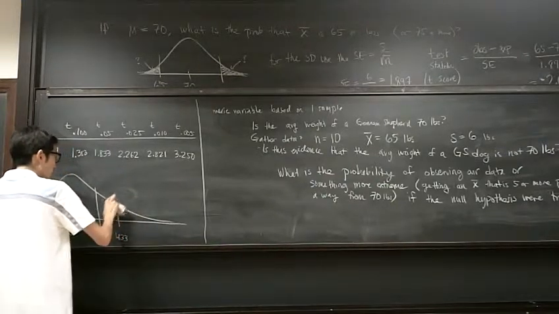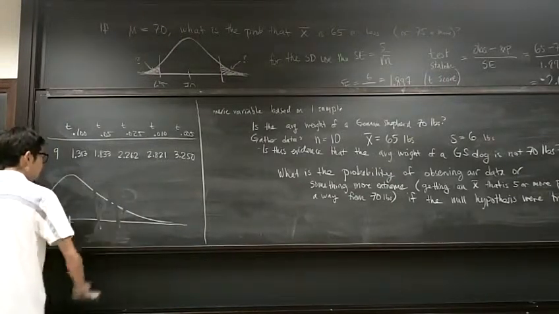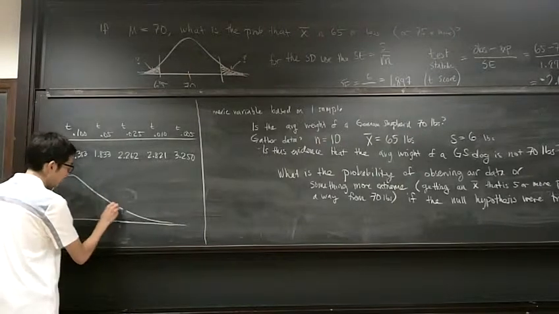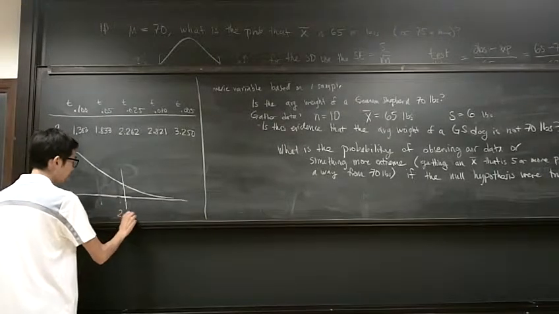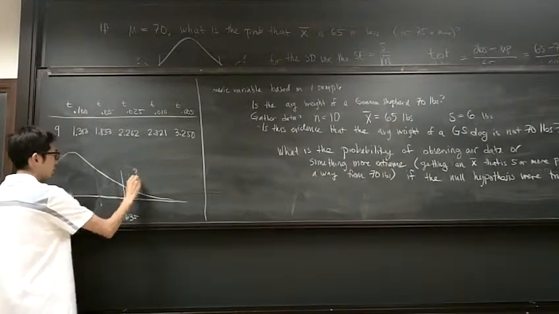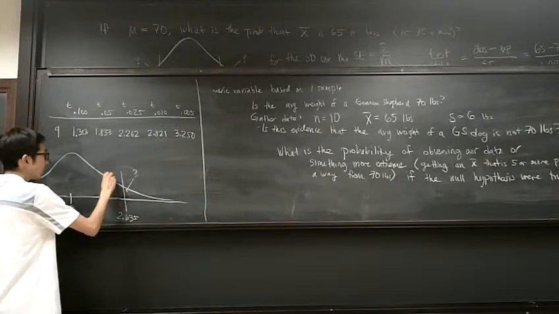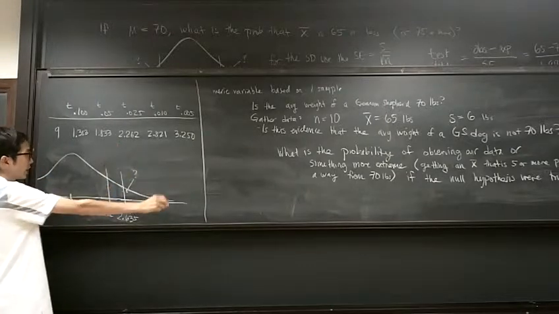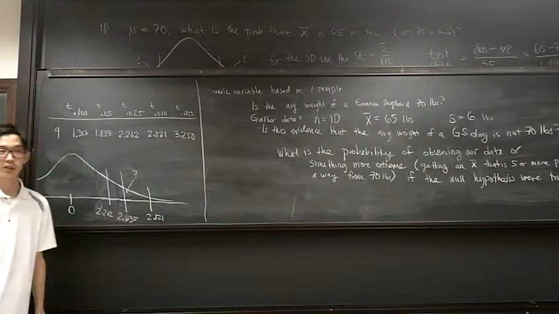Okay, so the question is, if I drew a line at 2.635, let's just ignore the minus sign for now, how much is in my tail? The answer is, we don't know exactly. But I do know that if I drew a line at 2.262, I would have 0.025 in the tail. And if I drew a line at 2.821, I would have 0.01 in the tail.